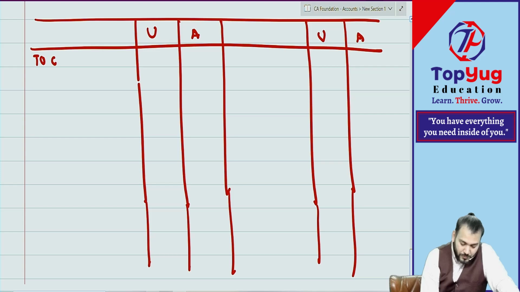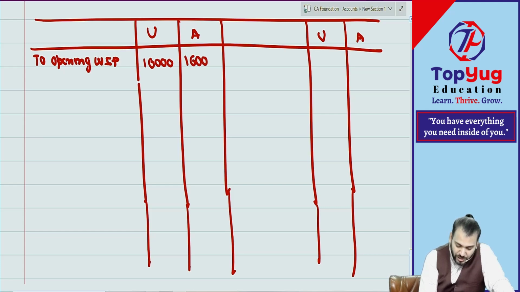Opening WIP, you can write down. Opening WIP, how many units? 10,000. What is the amount? 16,000. Then raw material consumed.